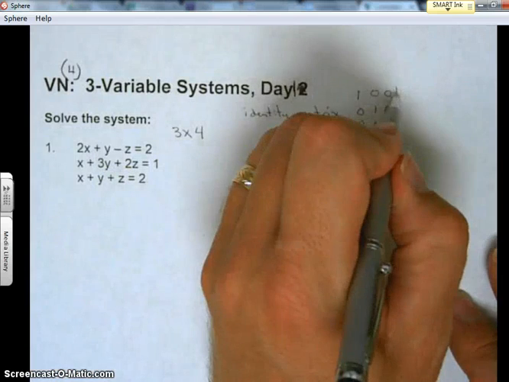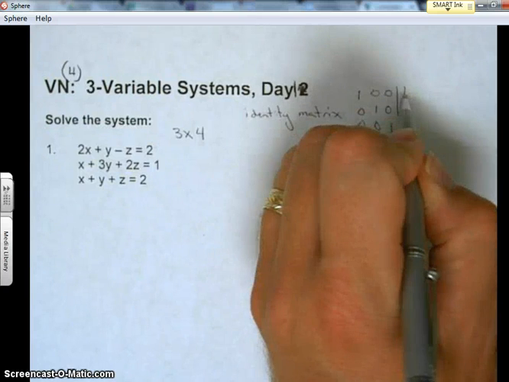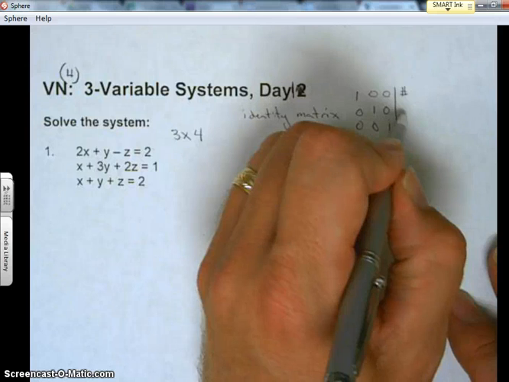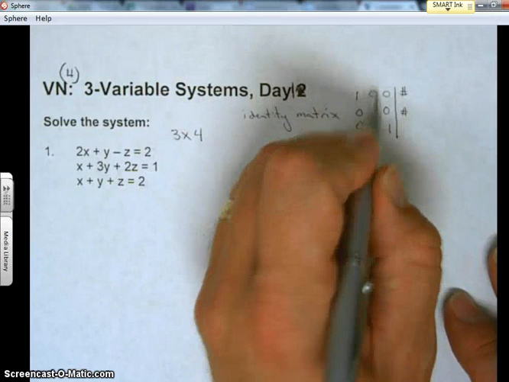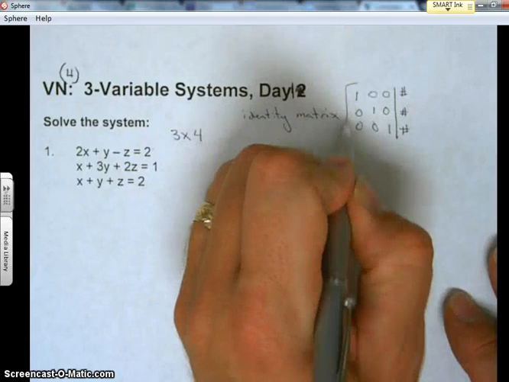And then our solutions for our first variable will be here. The solution for the second variable will be here, and the solution for the third variable will be here.